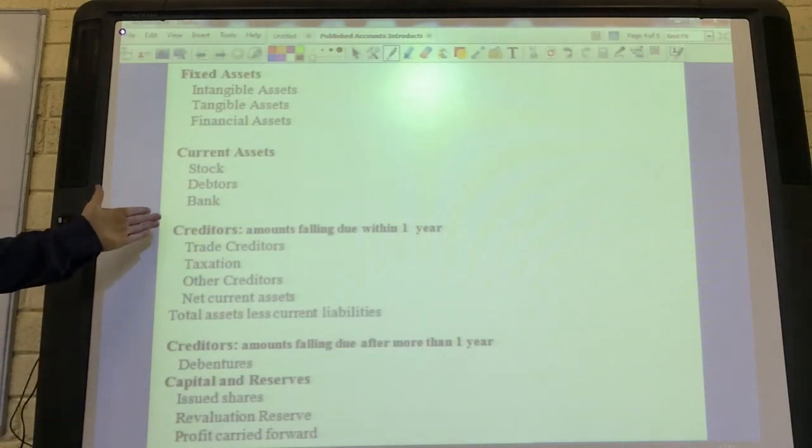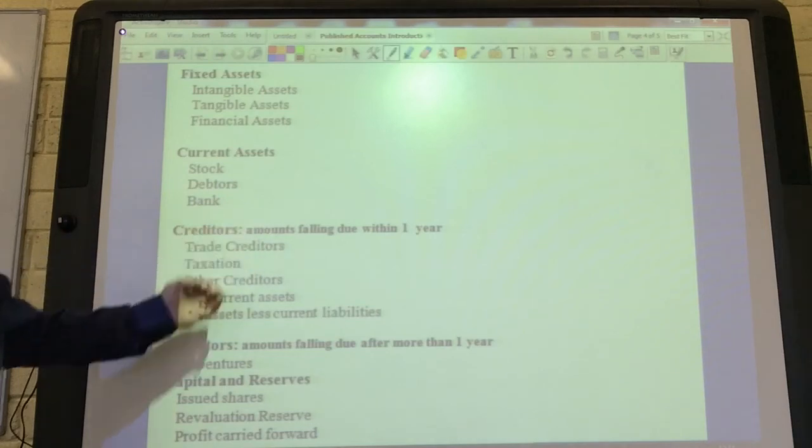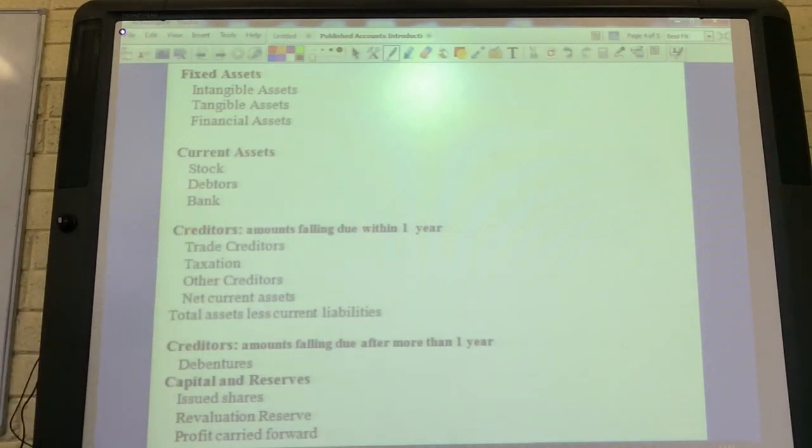The current liabilities are referred to as creditors falling due within a year. And they're only trade creditors, they're your suppliers. Your taxation, that would be any corporation tax or VAT or PRSI or PAYE contributions that need to be forwarded to the tax office, or USC charges.